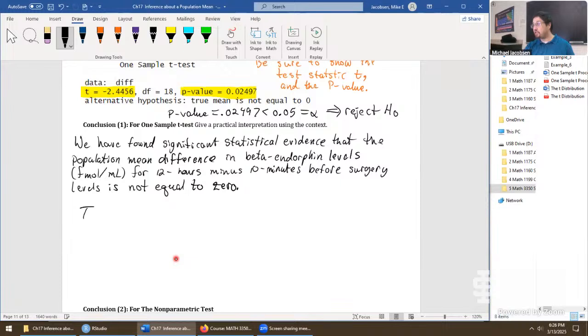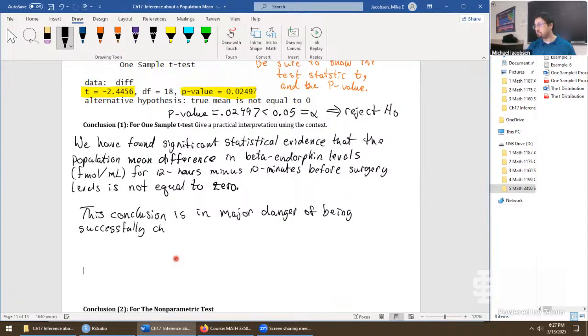This conclusion, let's make this seem more dire, this conclusion is in major danger of being successfully challenged, not so much because we didn't know information on randomization. That's just something we're going to look into, and because this was a published study, it most likely was random. It's just not in the abstract.